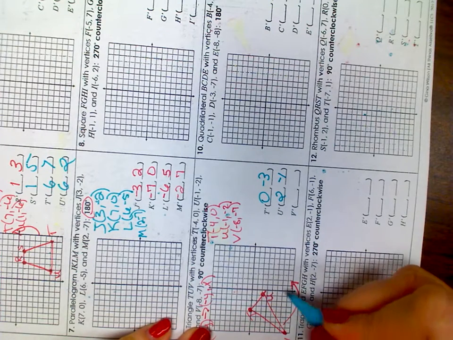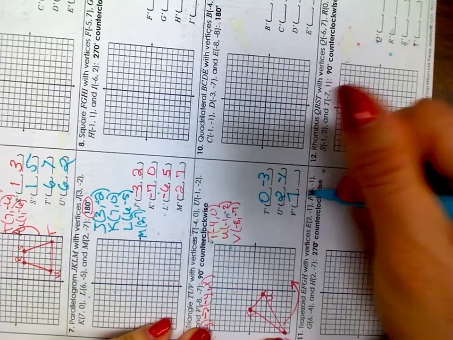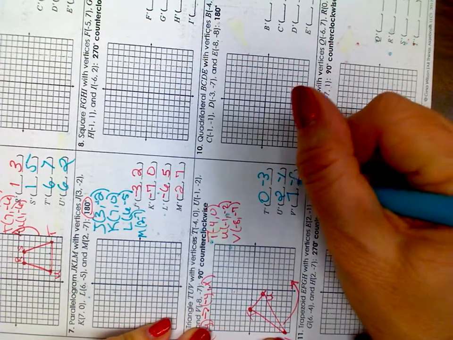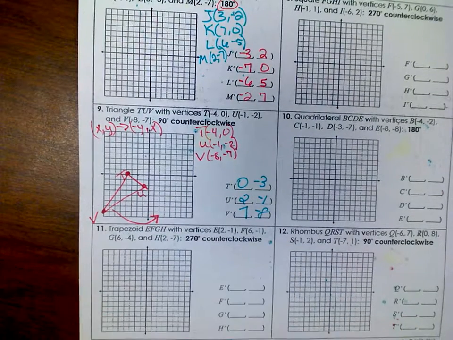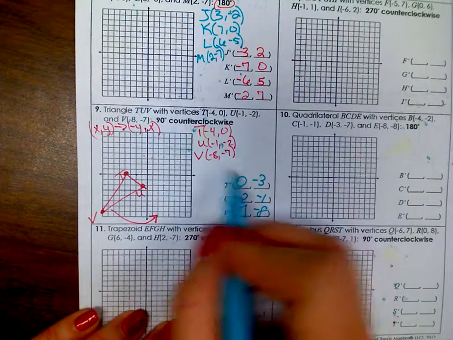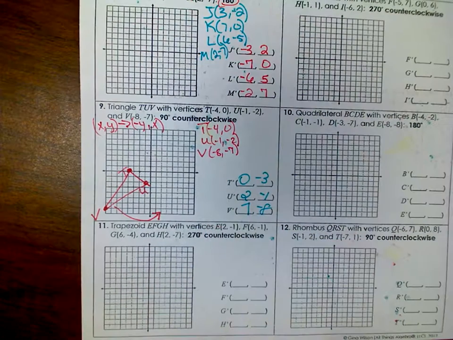Your V prime will be 7, negative 8. Kind of write it all crooked so I can get it down while I've turned it. Okay. So graph it over here, your primes.